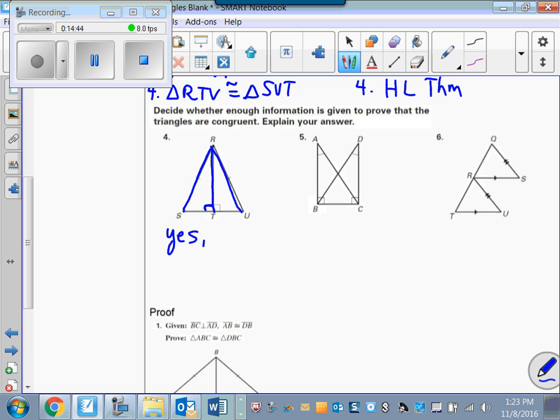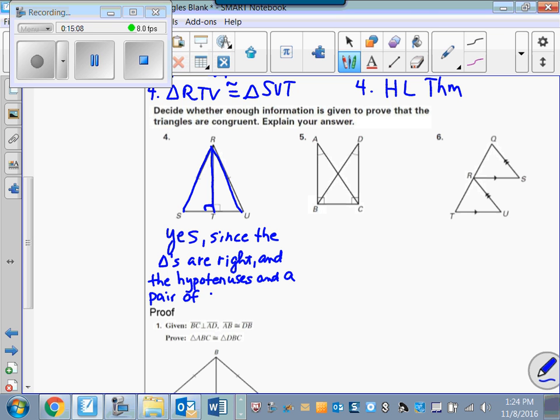So I'm going to say, since the triangles are right, and the hypotenuses and a pair of corresponding legs are congruent, we can use the HL theorem to say that those two triangles are congruent.